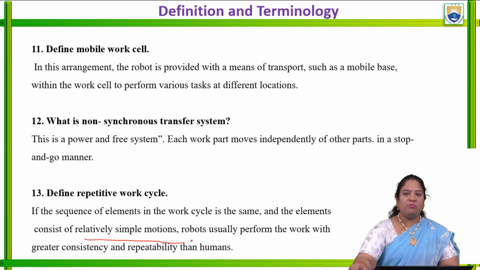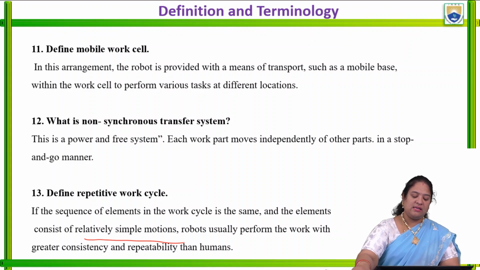Robots usually perform the work with greater consistency and repeatability than humans. If the same work is done by a human, there will be some time lag, due to which the cost and the production time increase, and there may be some small defects when a worker is working on repetitive work.